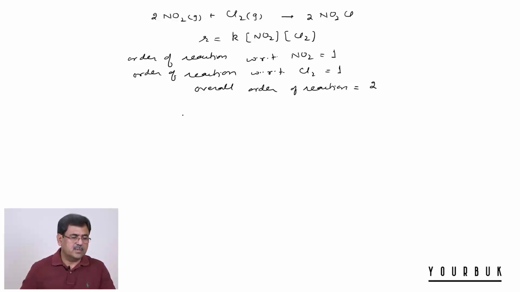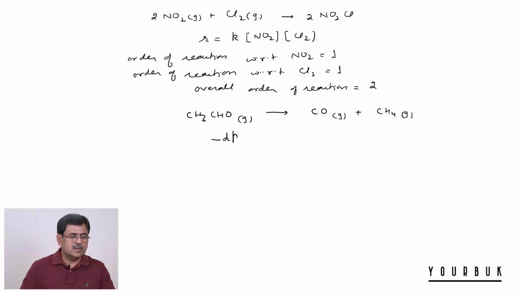Now the next example is this. Suppose you are given CH3CHO, this is ethanal, it decomposes to give CO gas plus CH4 gas. In this case, we express the rate of chemical reaction as a decrease in the pressure of the reactant CH3CHO.